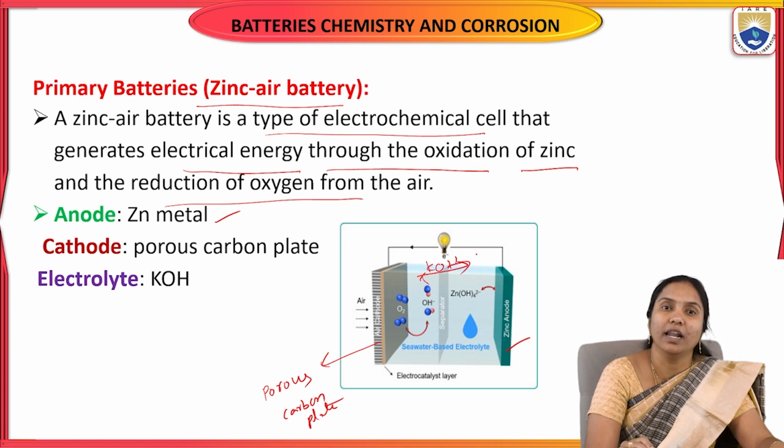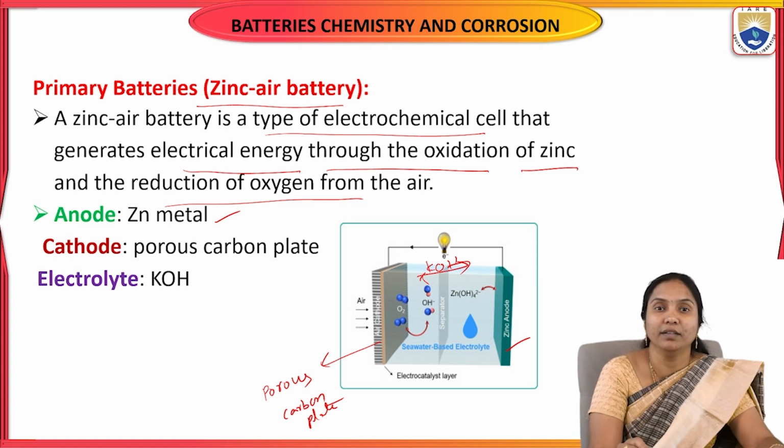The electrolyte is KOH. The anode and cathode are separated by a separator, which is mainly used for the transfer of electrons and metal ions between anode and cathode. So the best example of a primary battery is the zinc air battery, a type of electrochemical cell that generates electrical energy, meaning it converts chemical energy into electrical energy.